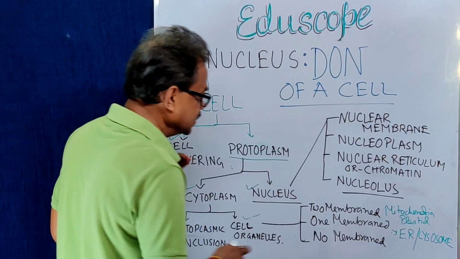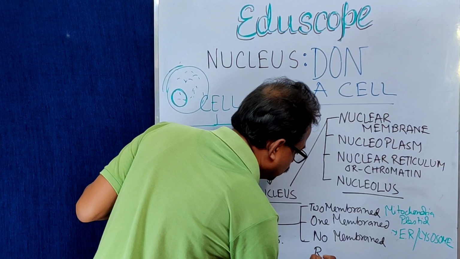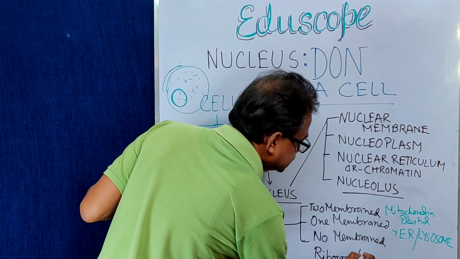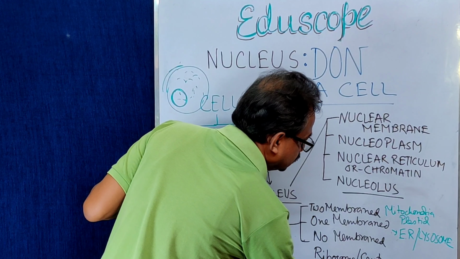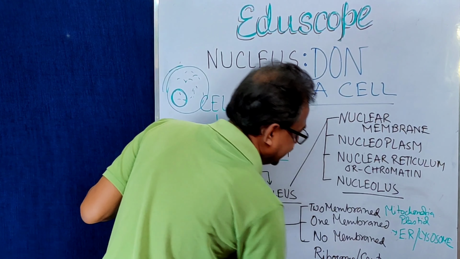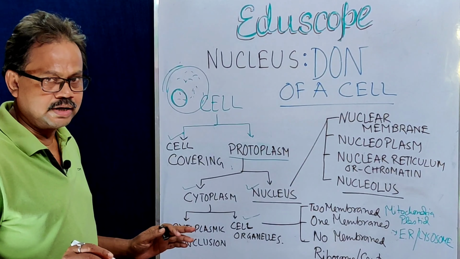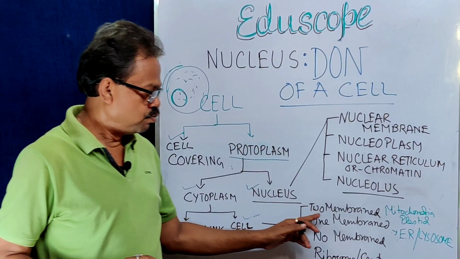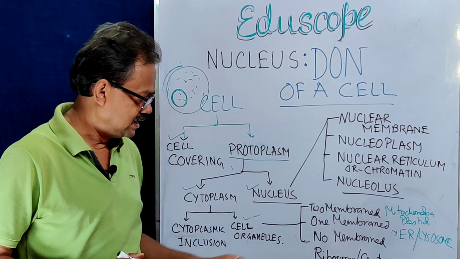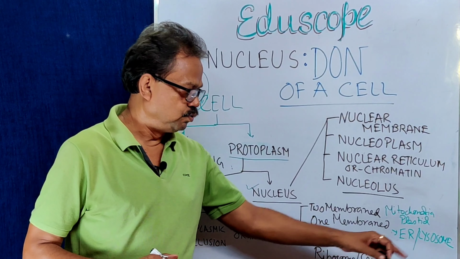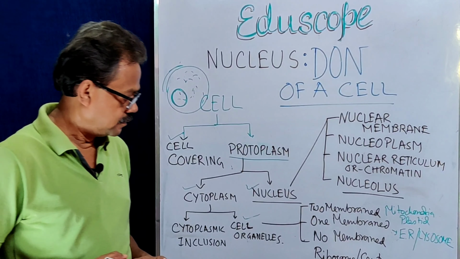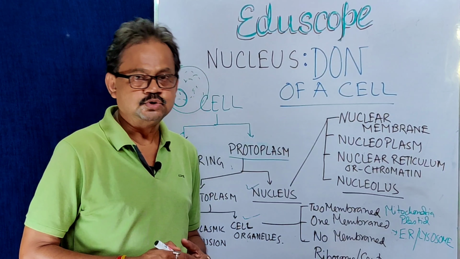So examples are ribosome and centrosome. These are examples of cell organelles which have no membrane. Very important portion: two membrane structures are mitochondria and plastid. One membrane structures are endoplasmic reticulum and lysosome, and no membrane structures are ribosome and centrosome.